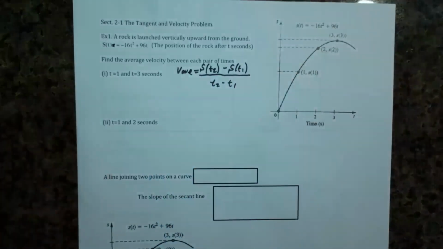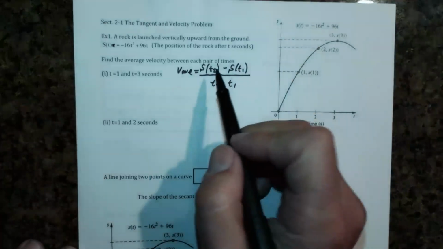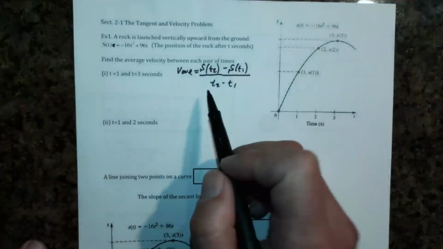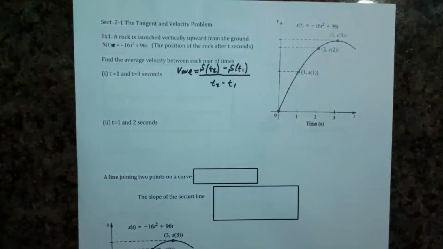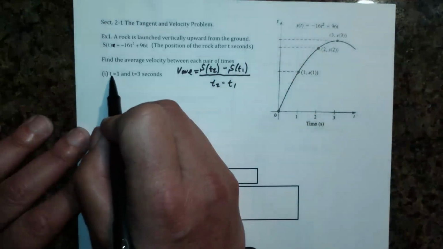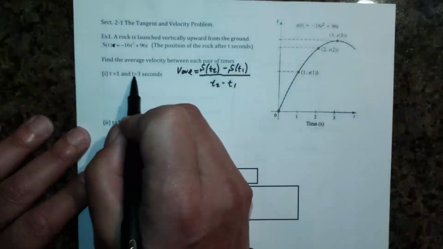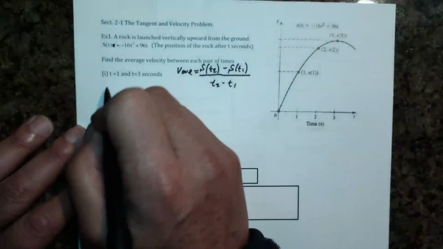And you can see it's the slope formula, right? y sub 2 minus y sub 1 over x sub 2 minus x sub 1, and so on. And so in this case, this is my t sub 1 and my t sub 2. And we're going to go ahead and do this.